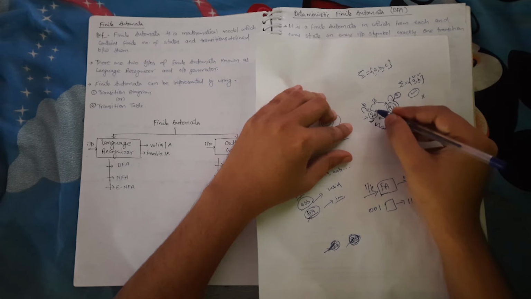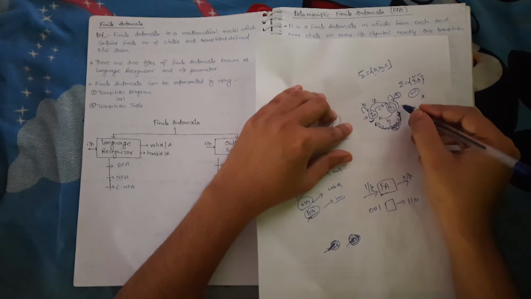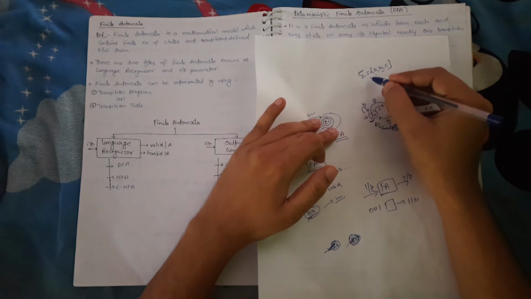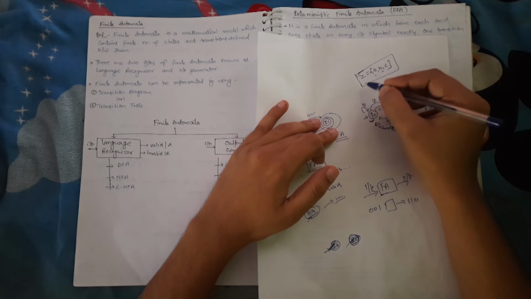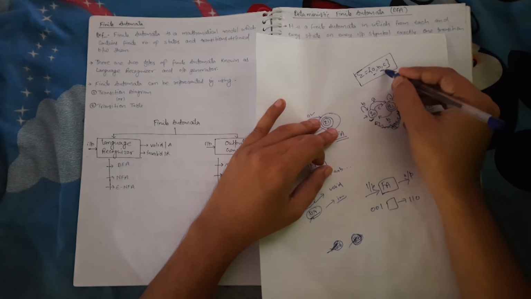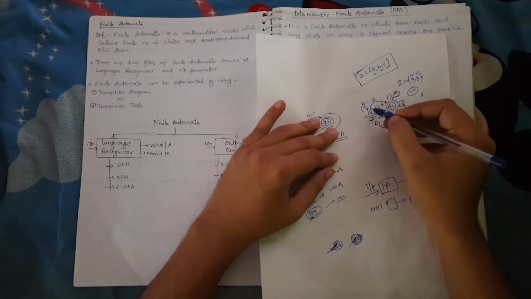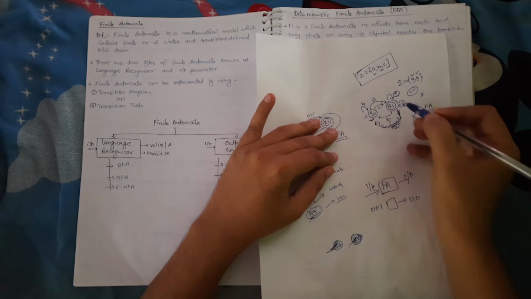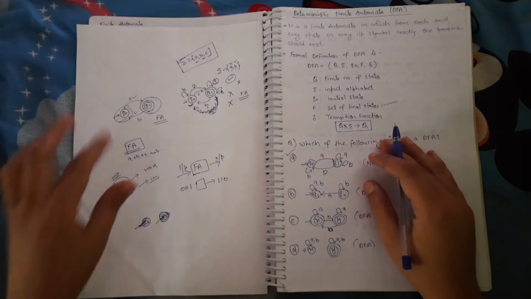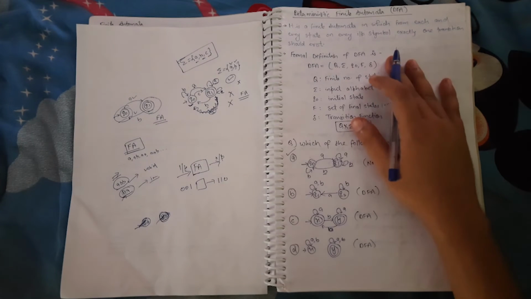So if we have C transition also from q0 and q1, then this is DFA. So whether it is DFA or not will depend on the input alphabet. So from each symbol of the input alphabet we should have exactly one transition from every state, right? So this is DFA.